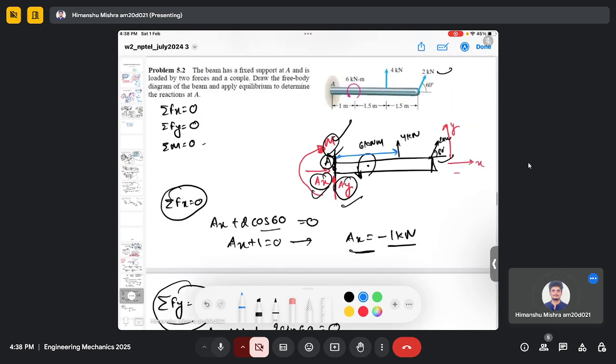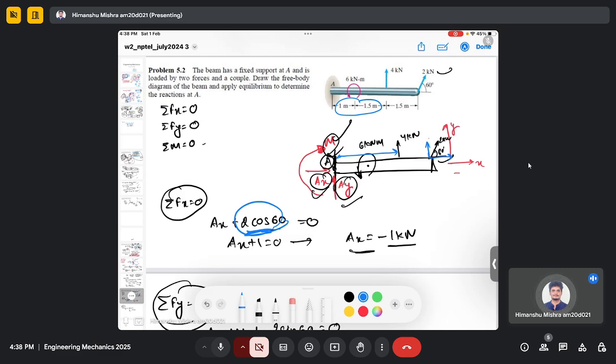which is 1 meter plus 1.5 meter, and here you have two components of force in the x and y direction. The x component of 2 kilonewton, which is 1 kilonewton here, does not induce any moment at point A because it does not have any perpendicular distance.